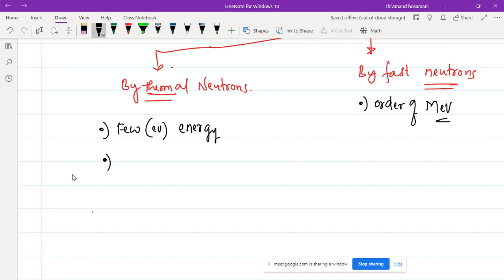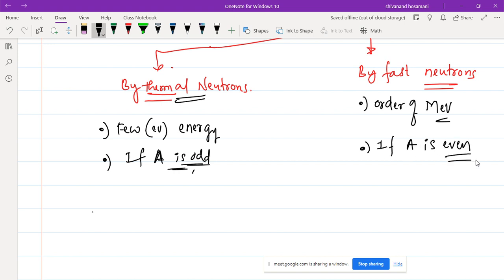Then if you go to thermal neutrons, if A is odd, ಅಂದ್ರೆ unstable ಇದ್ರೆ ಇದನ್ನ ಯೂಸ್ ಮಾಡಬಹುದು. A is odd is nothing but meaning it's unstable. ಅಲ್ಲಿ ಇದನ್ನ thermal neutrons ಯೂಸ್ ಮಾಡಬಹುದು. ಬಟ್ fast neutrons ಅನ್ನು ಎಲ್ಲಿ ಯೂಸ್ ಮಾಡ್ತೀರಿ? If A is even. More stable ಇದ್ದಾಗ more energy ಬೇಕಾಗ್ತದೆ ಡಿವೈಡ್ ಮಾಡಕ್ಕೆ, less stable ಇದ್ದಾಗ less energy ಬೇಕಾಗ್ತದೆ.